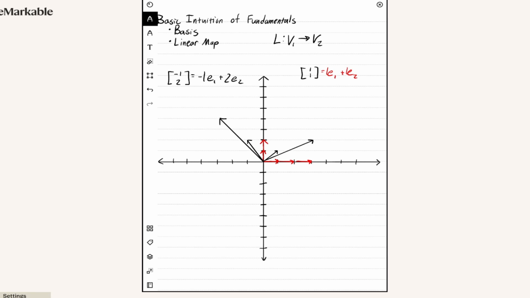Okay. We can kind of say, not very formally, that this vector does a times 3 left and right stretch, and then a times 2 up and down stretch. So this one gets mapped to here.